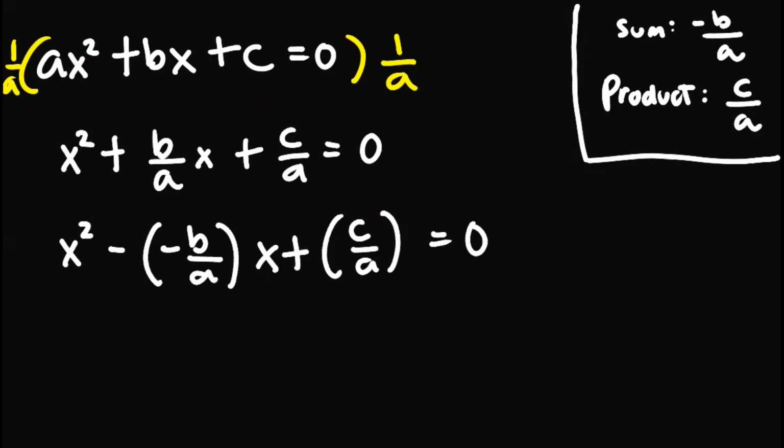And observe now that this one out here is the sum, and this one out here is the product. So with this in mind, note that we can also use the concept of sum and product to quickly determine a quadratic equation if we are tasked to find one.